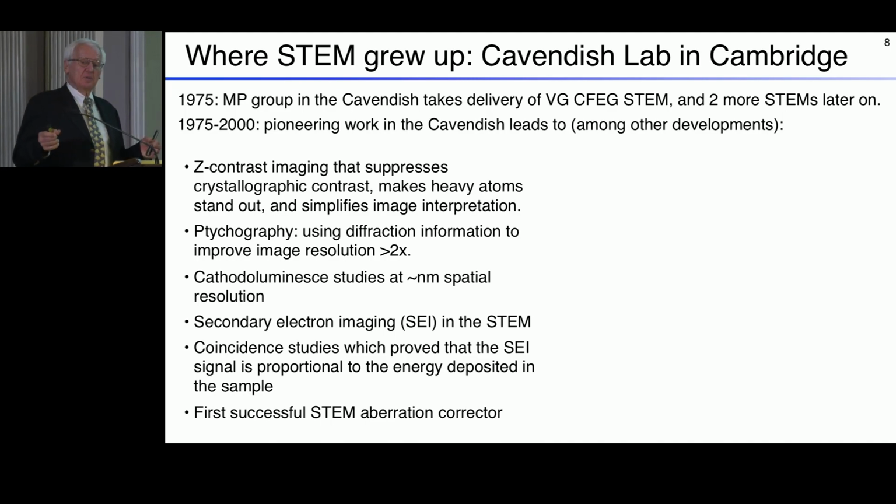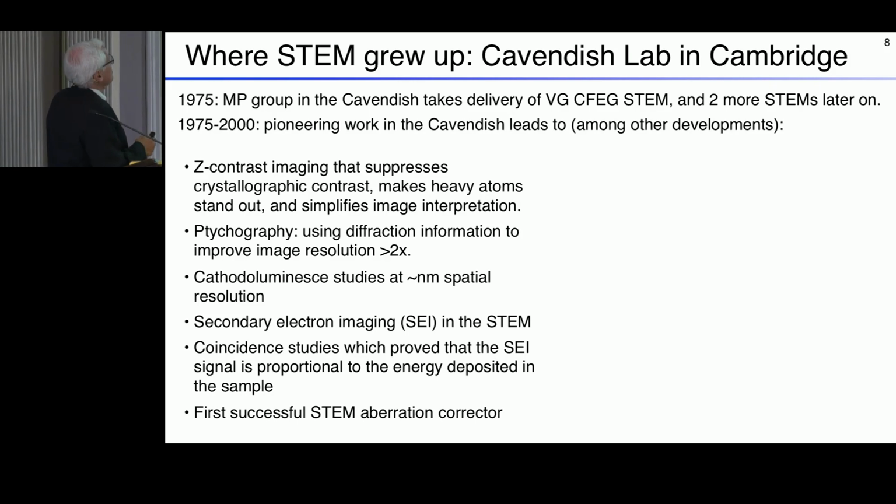The trick there was just to pick out the high angle scattered electrons, which discriminated the diffraction modified signals, which happen at smaller angles. Ptychography, where you used diffraction information at every pixel to improve the image resolution 2 times or more.